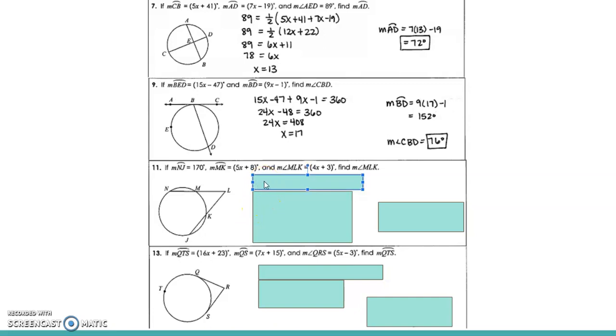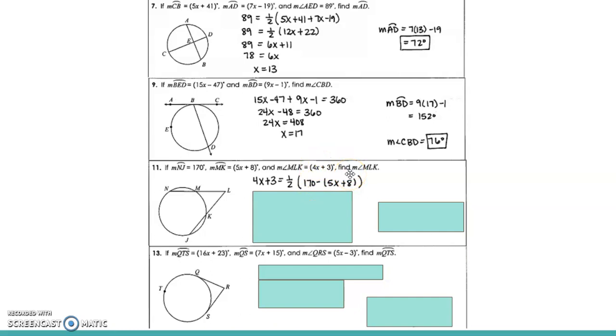When we set up this equation, we are going to have the measure expression, so 4x plus 3 for that angle is equal to half, and then subtracting our algebraic expressions. So they have 170 for NJ, and then they have the 5x plus 8 for our MK. Notice that I put that expression into parentheses because that subtraction sign needs to go to the 5x and the 8.